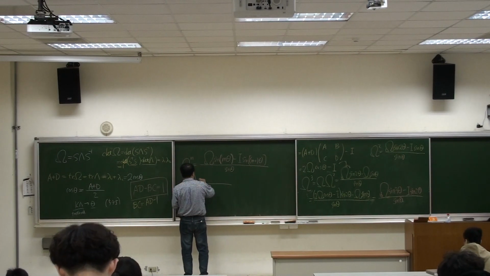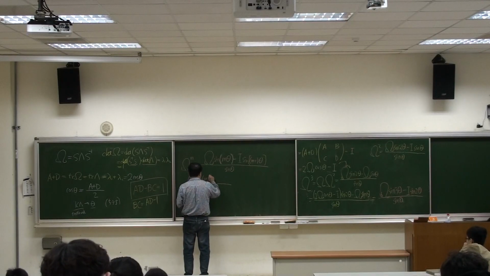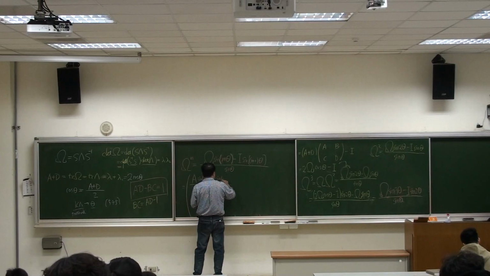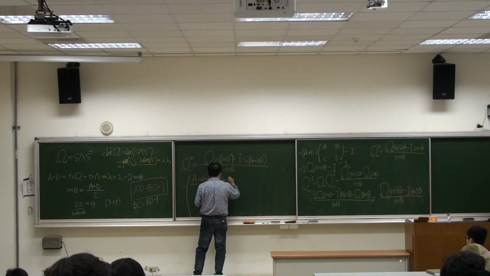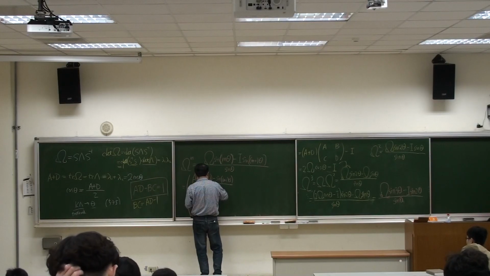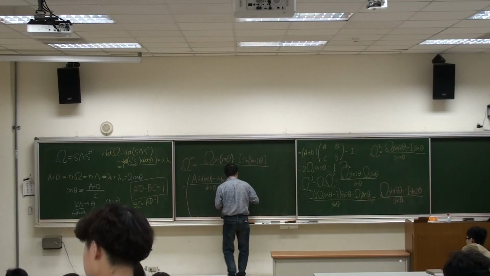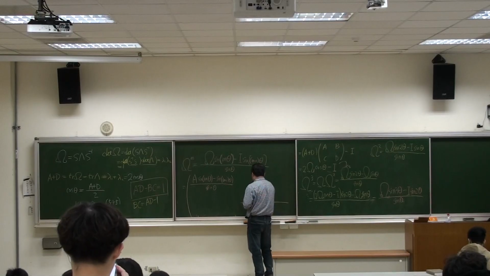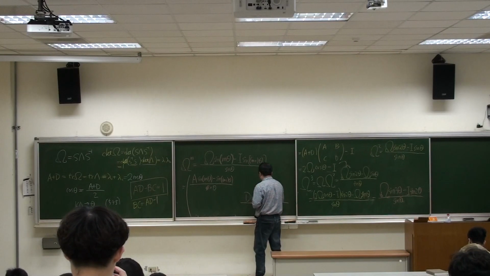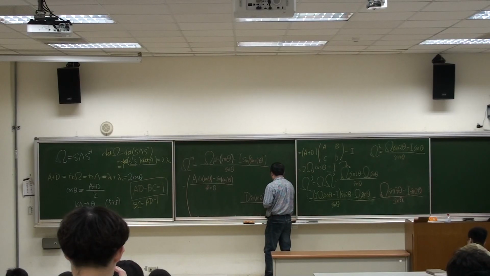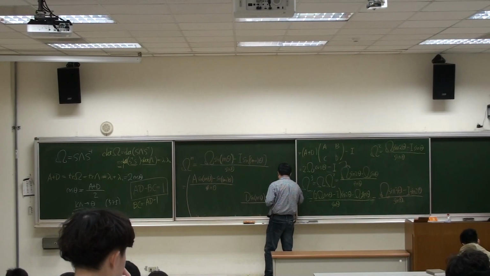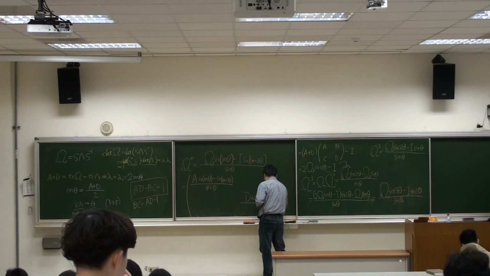A sine n theta minus sine n minus 1 theta over sine theta. D sine n theta minus sine n minus 1 theta over sine theta.